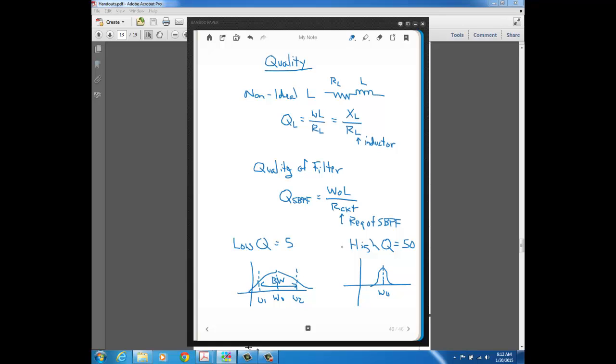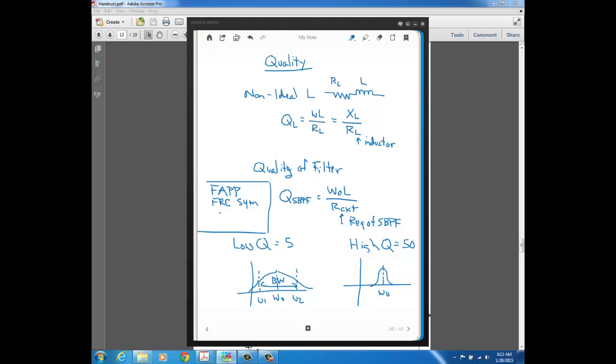Now, one last thing about quality, and I mentioned this earlier in this video, that there's a special case where, for all practical purposes, okay, so FAP, for all practical purposes, our frequency response curve becomes symmetric.